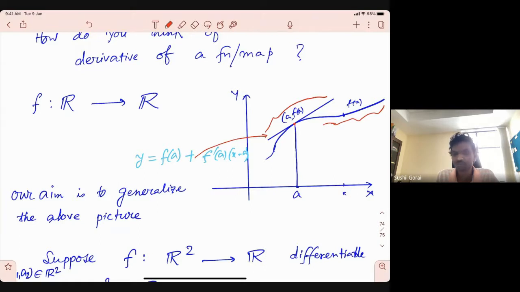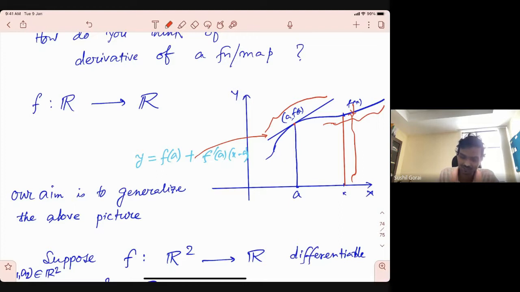So what is this curve? What is the equation of the curve?